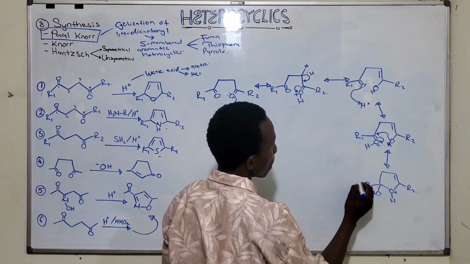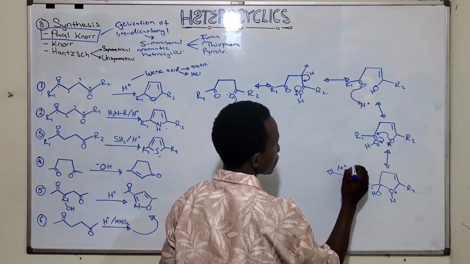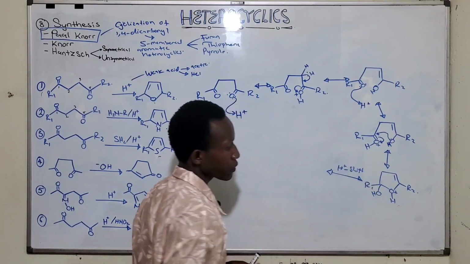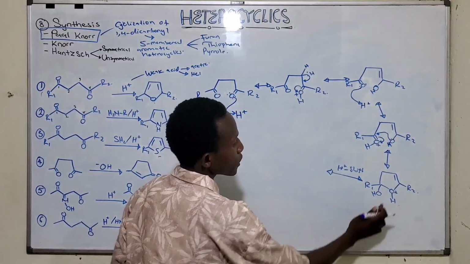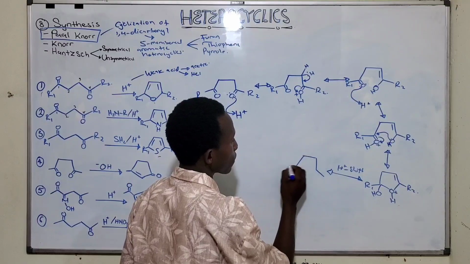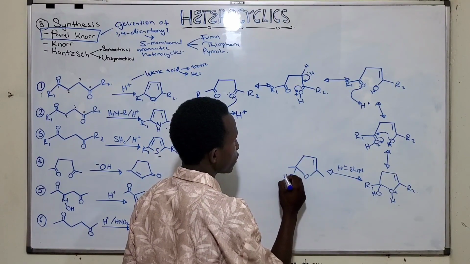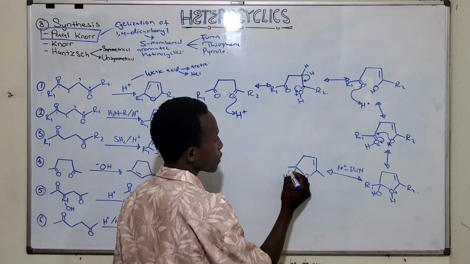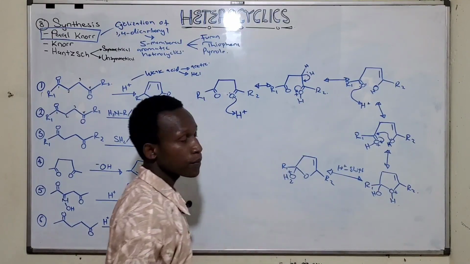Here we shall have a proton shift. So this hydrogen will shift to this oxygen such that this one stabilizes. So we're having O, then OH2. This one now positively charged, R2 and R1.